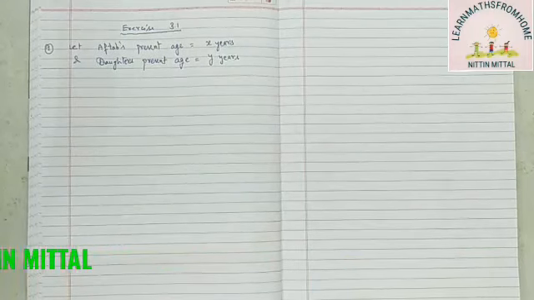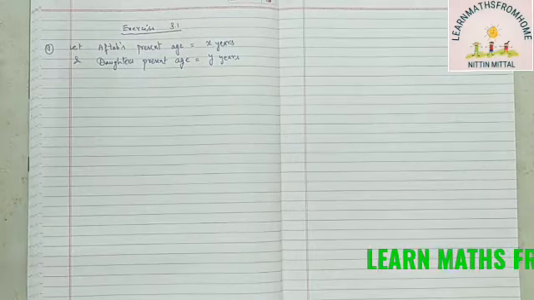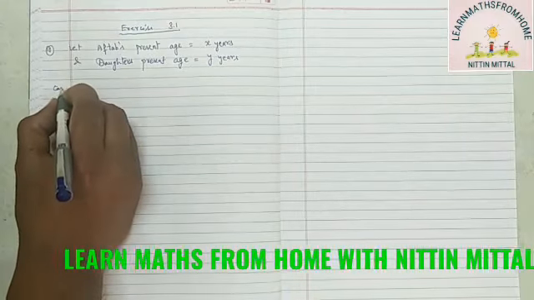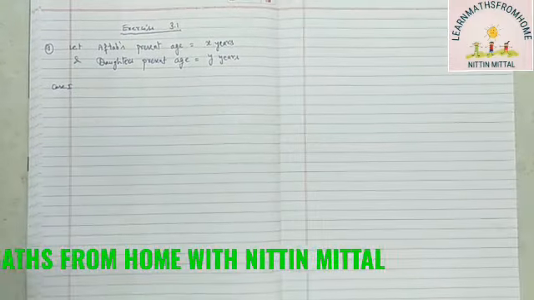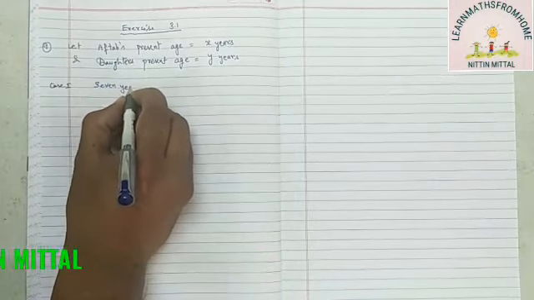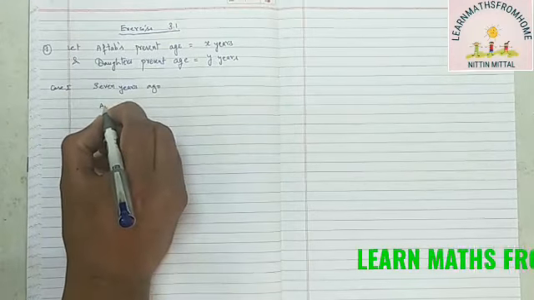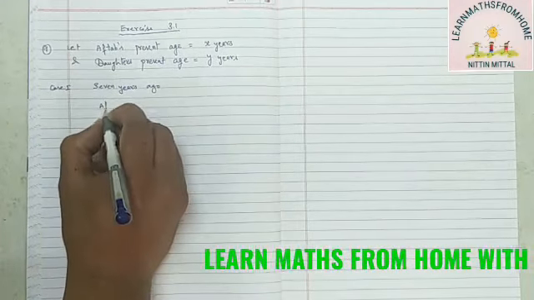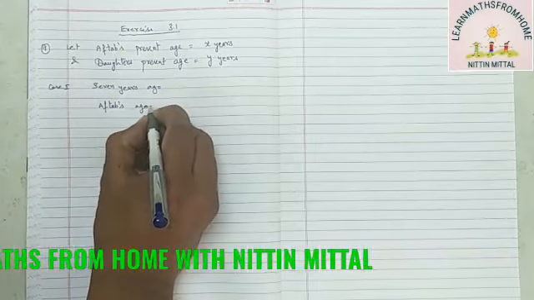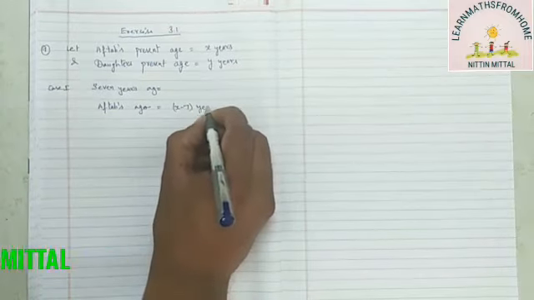Now, after supposing present ages of the concerned persons of the question, we have to see the first case again. Case 1, 7 years ago. So we have to move 7 years back. Aftab's age 7 years ago will be x minus 7 because present age is x years.